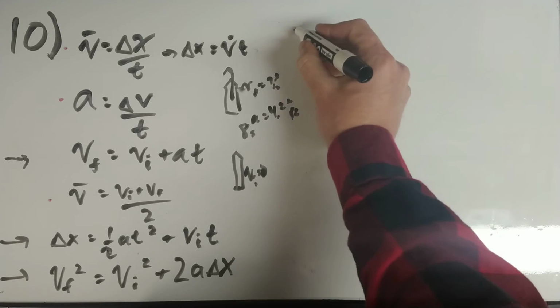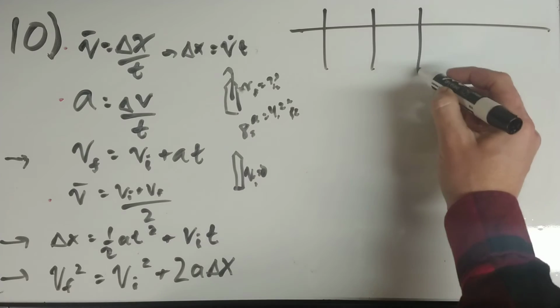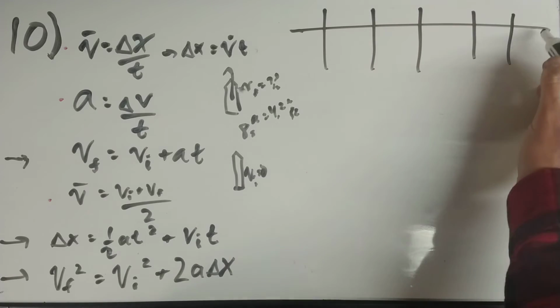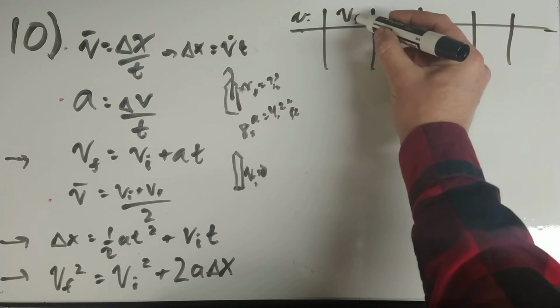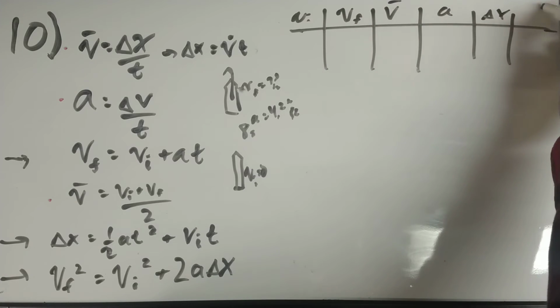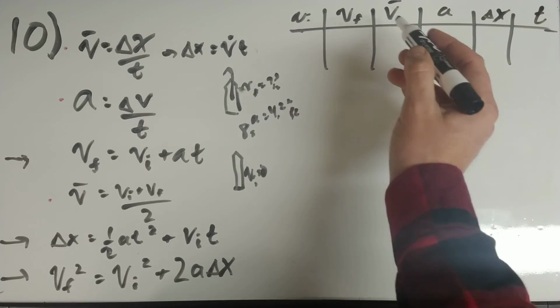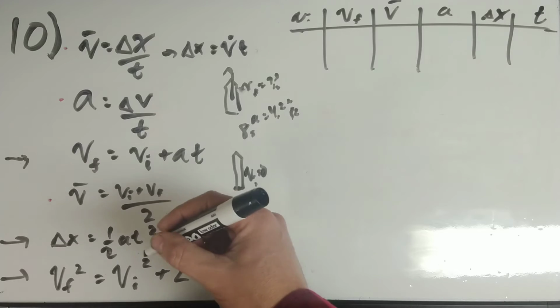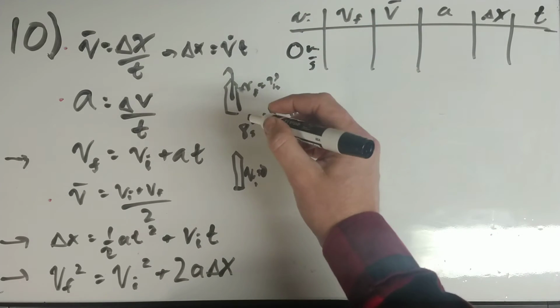I'm writing small here because I'm going to make a table over here. All right, so I'm going to make the organizational table. One big line, then 1, 2, 3, 4, 5 smaller lines. V initial, V final, V average, acceleration, displacement, and time go in the top there. So it starts at rest, so that means V initial is 0 meters per second.